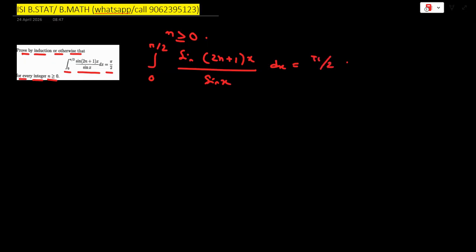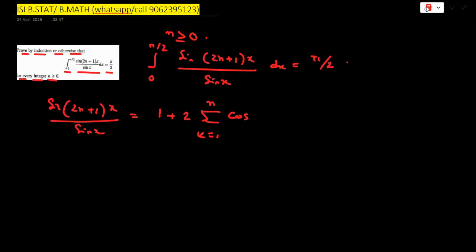Whenever you see something like sin((2n+1)x) by sin x, it is hiding a series identity. There is a famous identity: sin((2n+1)x) by sin x is equal to 1 plus 2 times the summation of k equal to 1 to n of cos 2kx.